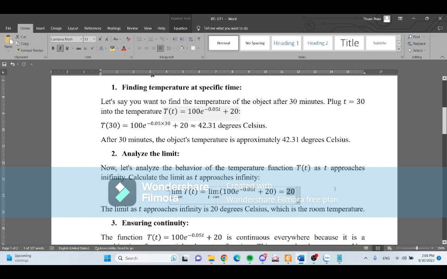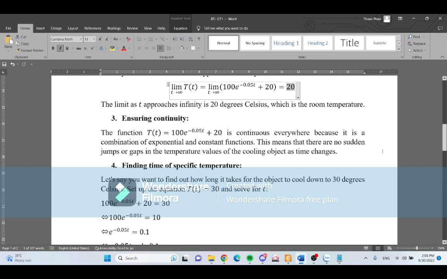This result indicates that as time stretches on indefinitely, the object's temperature will eventually stabilize at 20 degrees Celsius. This aligns with the room temperature, and it signifies that the cooling process will eventually reach equilibrium where the object is as cool as its surroundings.